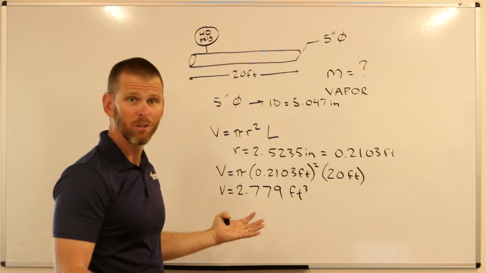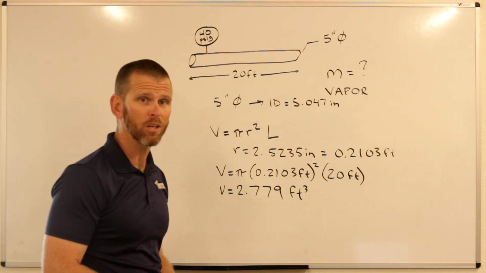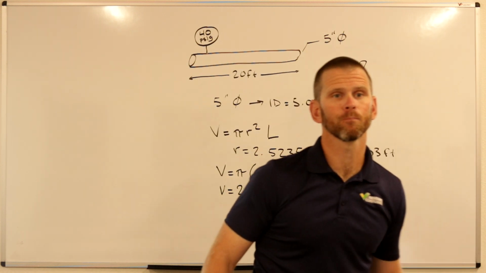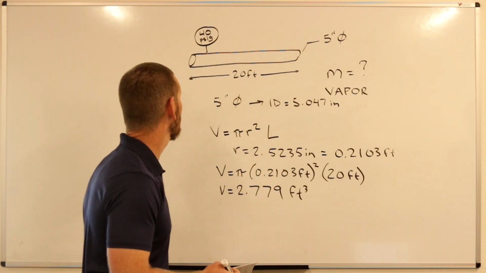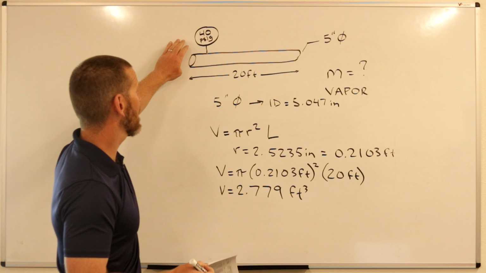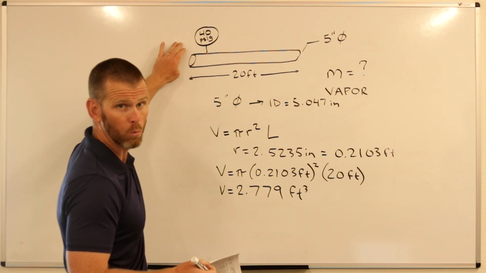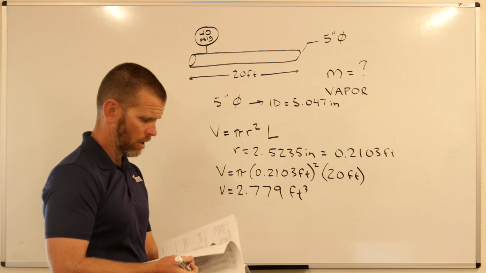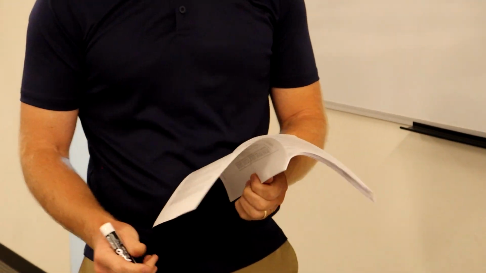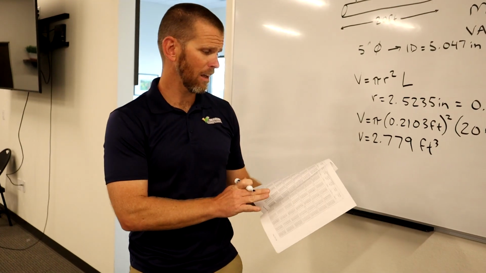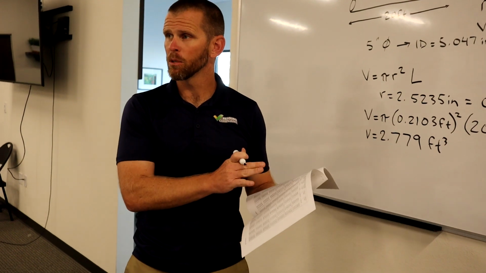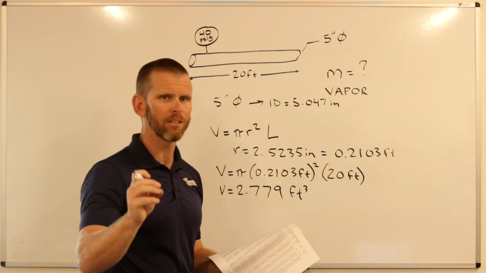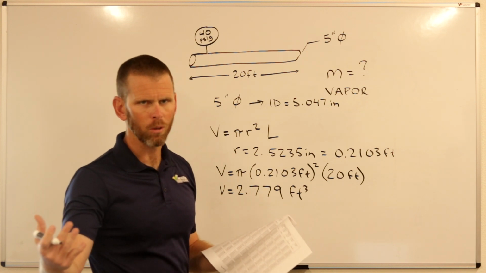Great, so we know the volume and we know our pressure. So now, using our saturation table, we can calculate what the mass is. So let me grab my saturation table, okay? I'm gonna use the read it packet here, and I'm gonna go and look up the row corresponding to 40 PSI. Now, a word of caution here, the farthest most left column is temperature in degrees Fahrenheit, and those are nice round numbers or integers. There's no decimal place.